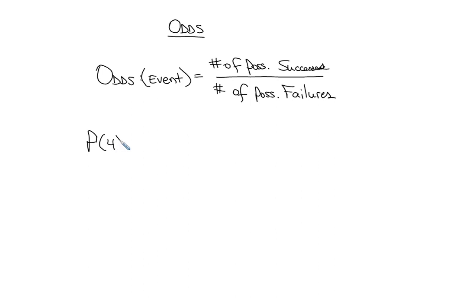Okay, so the probability of getting a 4 on a 6-sided die, there's 1 four out of how many possibilities? 6. The odds of getting a 4, how many possible successes are there? 1. How many possible failures are there? 5. So here it's 1, here it's 1, 2, 3, 4, 5, and 6, just so you can see it.